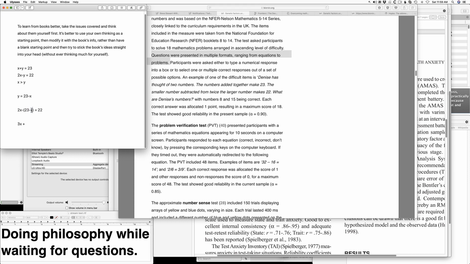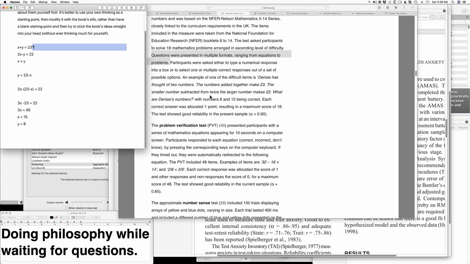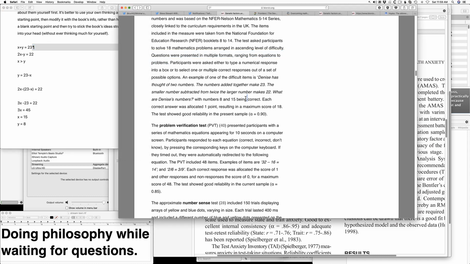The negative only applies. 3x minus 23 equal 22. So 3x equal 45. X equal 15, which means y equal 8 from the first equation. Okay, at least they got their problem right.